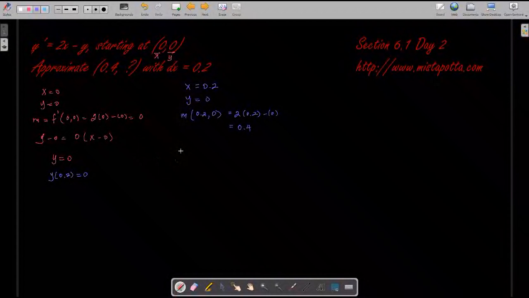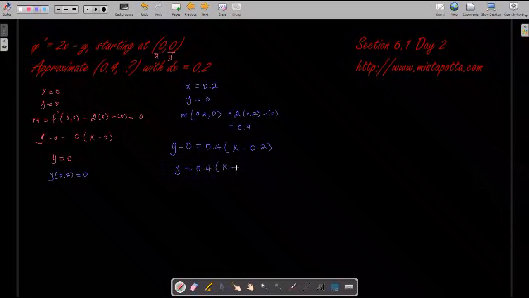So I'm doing my tangent line. Y minus my y coordinate equals my slope times x minus my x coordinate, or y equals 0.4 times x minus 0.2.